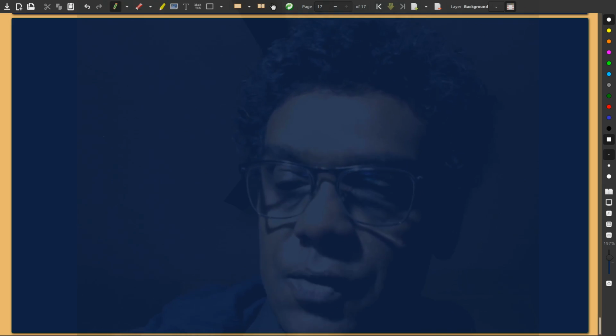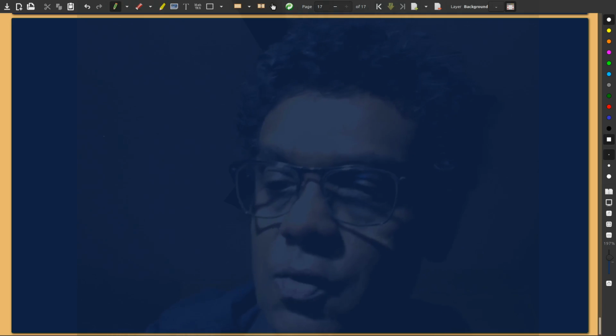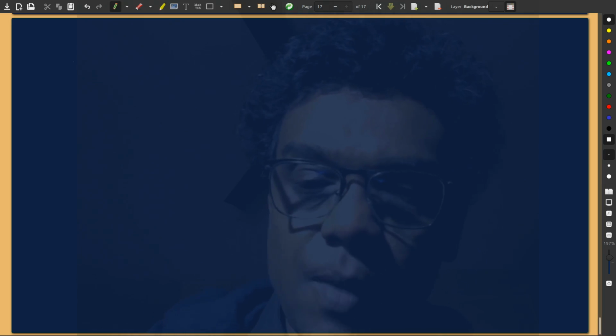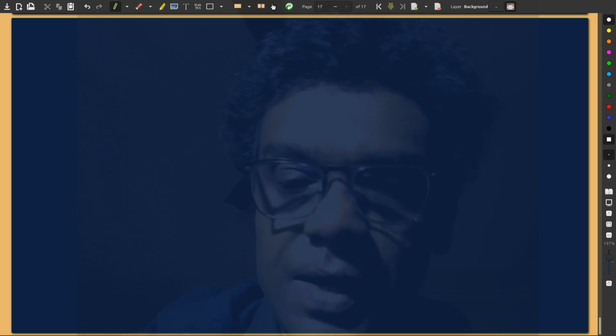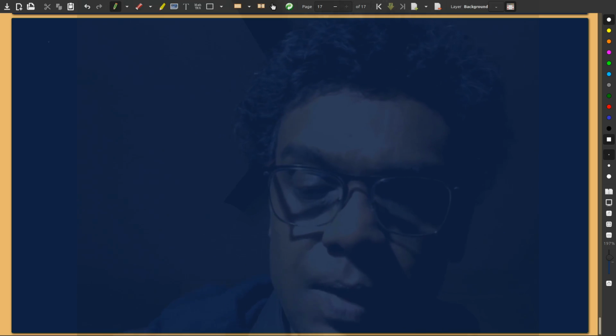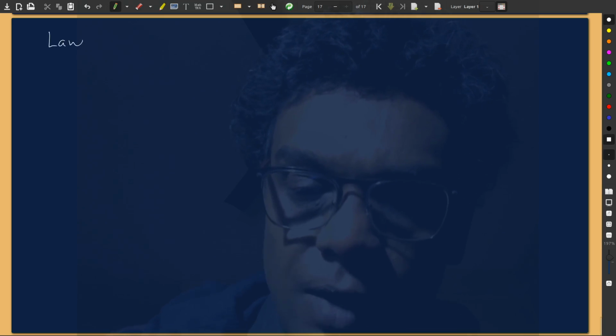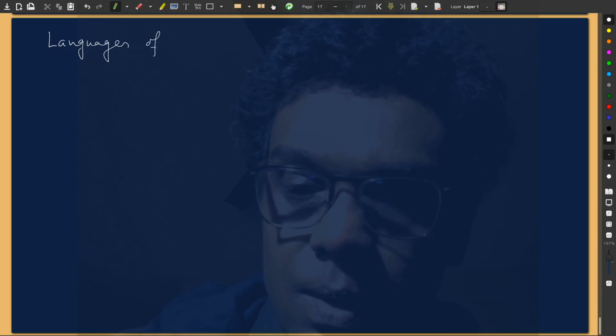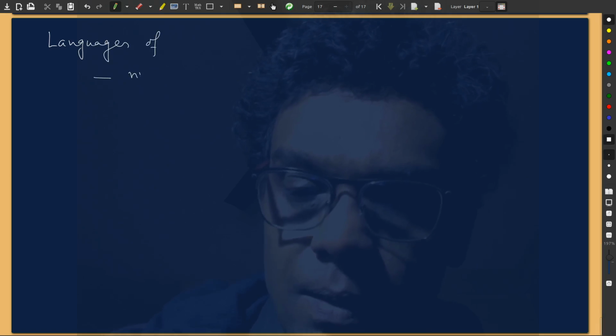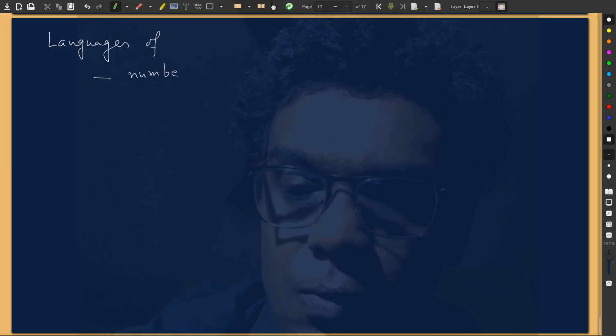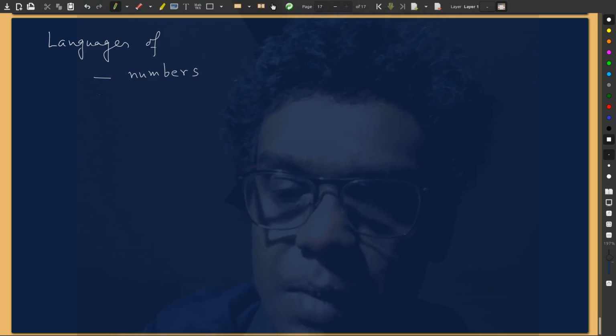So the next question. This should give you an indication that various types of computational problems may be defined using languages. But so far we have considered only languages of numbers. Why should we restrict only to numbers?